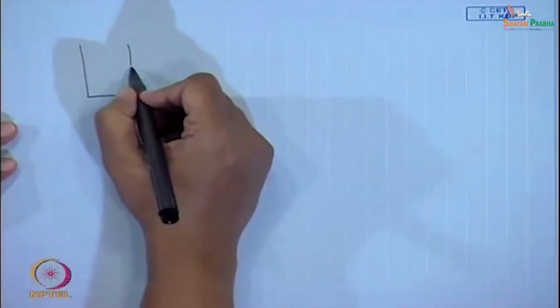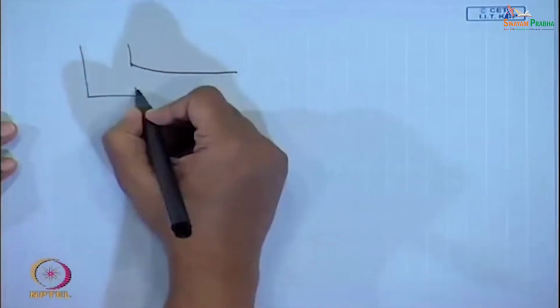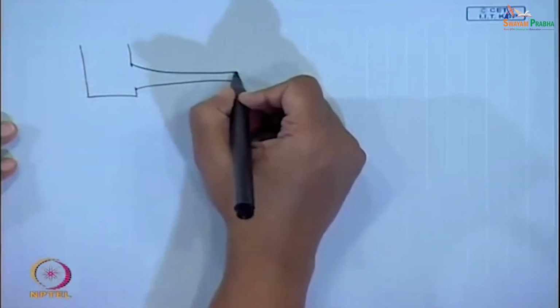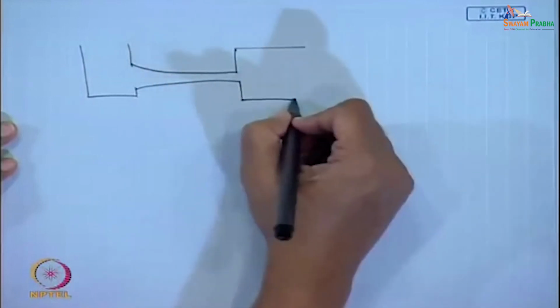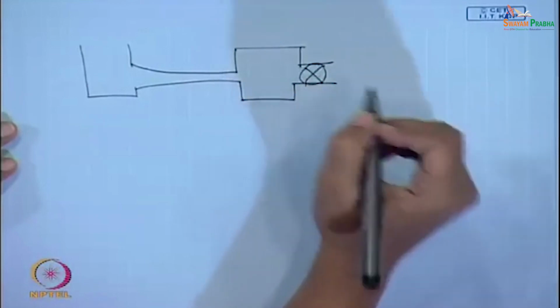Now, let us see one more thing. Let us see that suppose from a very large reservoir, say the flow has initiated in a nozzle, okay, and this is connected to a container which has a valve.